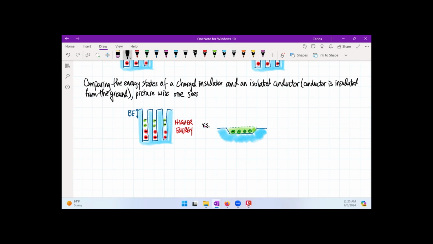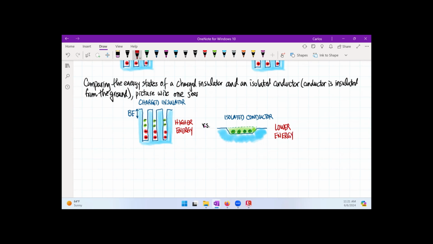Over here is the charged insulator, and this is the isolated conductor, and this represents a lower energy state.